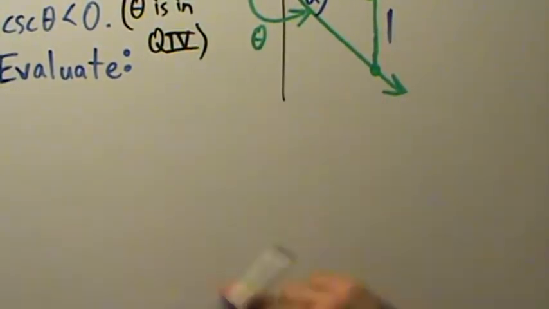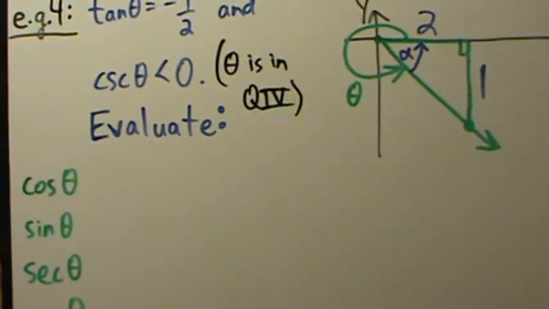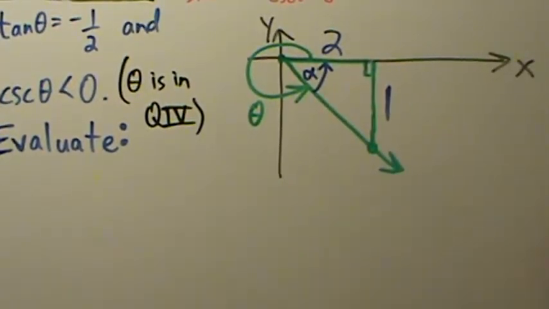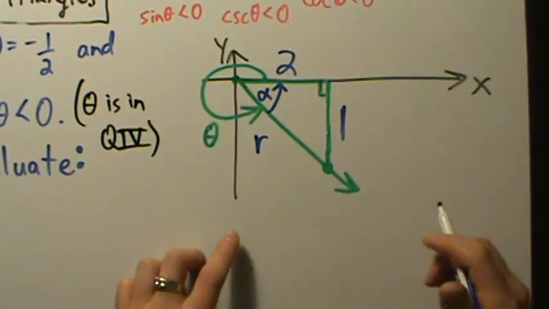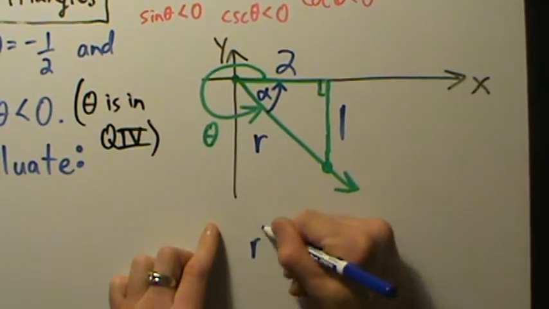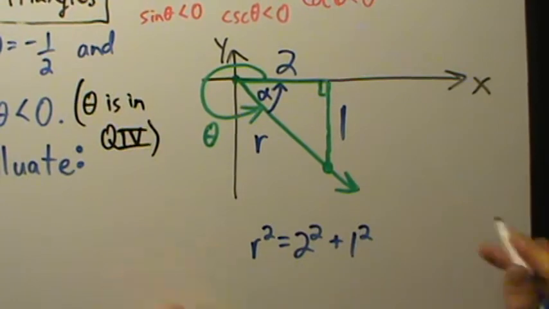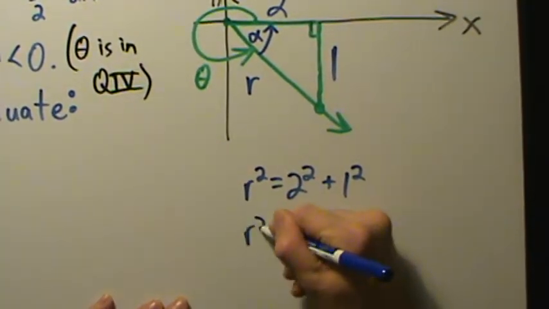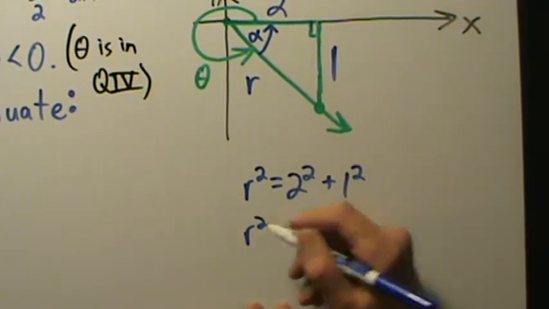Okay, so let's go ahead and start evaluating. Well, first of all, cosine of theta, or no, sorry, before that I'm getting ahead of myself. We have to get this hypotenuse here, r. So how do we get the hypotenuse? Pythagorean theorem. r squared equals 2 squared plus 1 squared. So r squared equals 4 plus 1, which is 5.